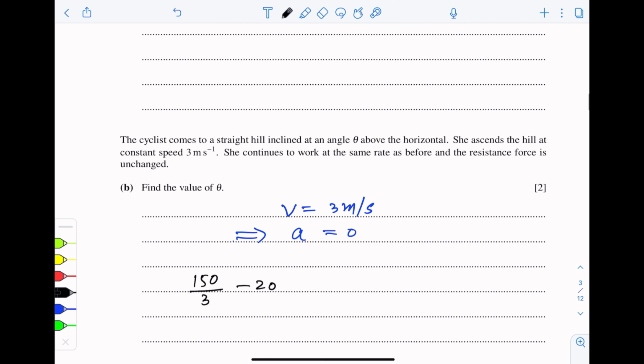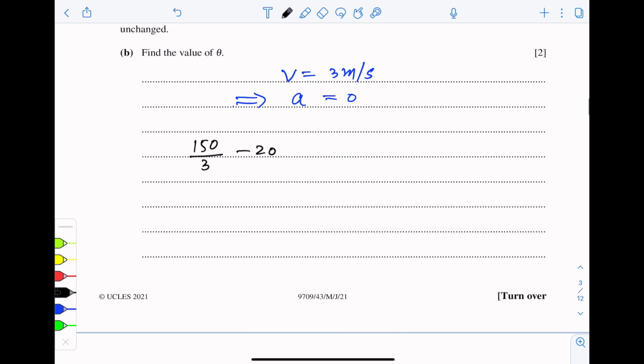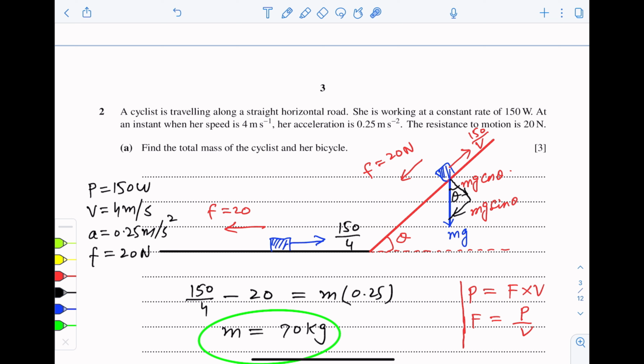Minus 20, resistance force. See in the diagram, opposing the motion, minus the component of the weight opposing the motion.